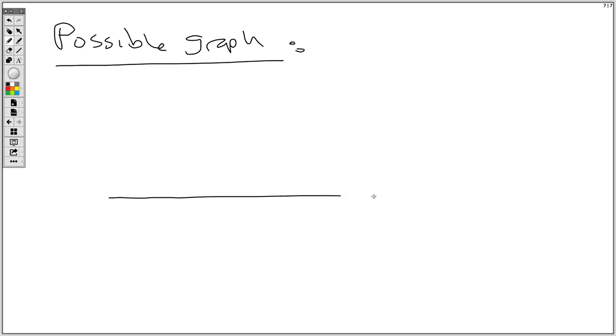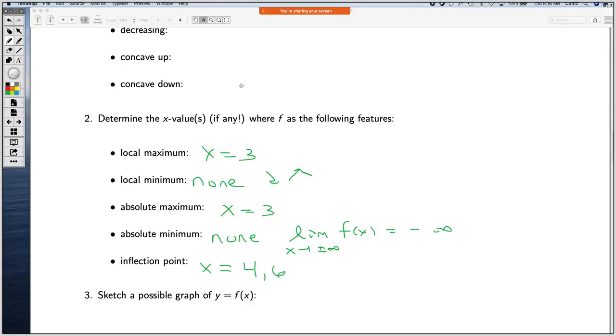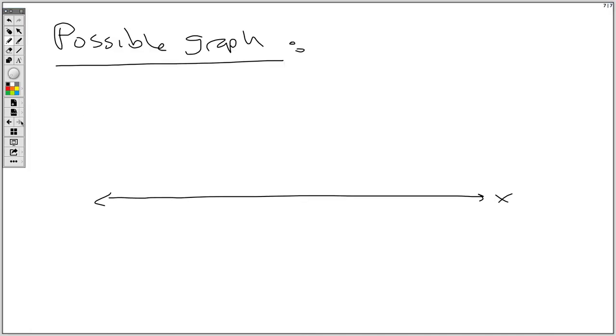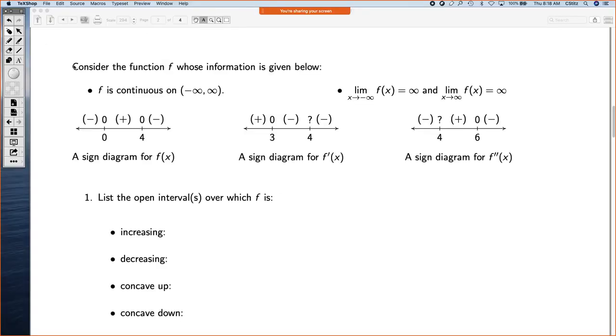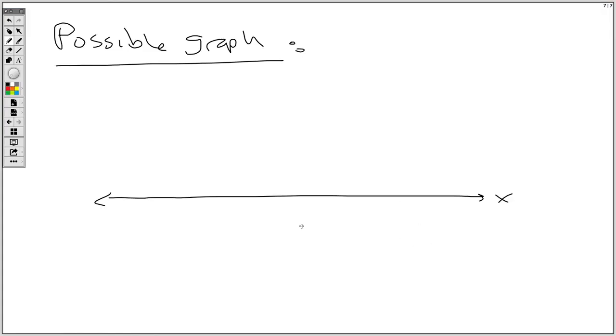I'm going to draw myself the x-axis. And I'm going to put all the points on the x-axis that are important. So what do I mean by that? I'm going to be looking at 0, 3, 4, and 6.